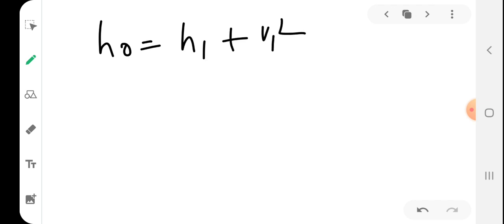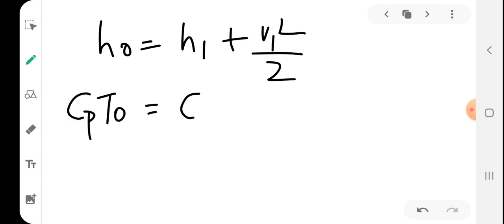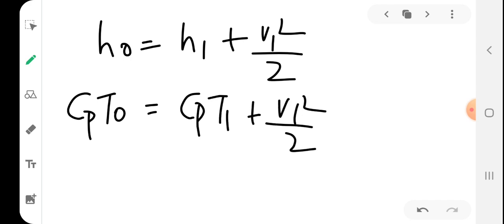Now stagnation temperature. Since we have written H0 equals H1 plus V1 square by 2, I can write H0 as cp into T0, and H1 as cp into T1, plus V1 square by 2. Generally we write it as h and h0, so I am not using the subscript 1 here.